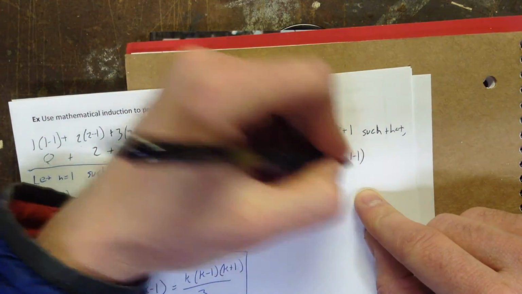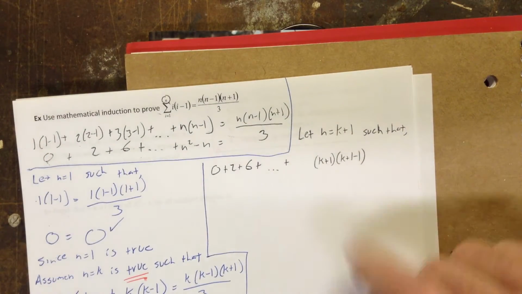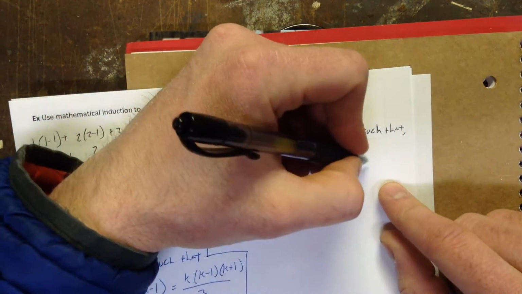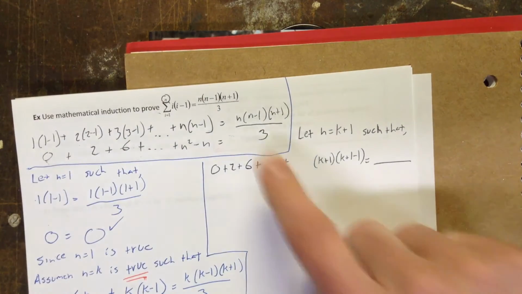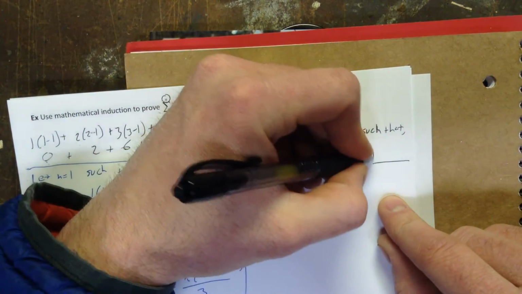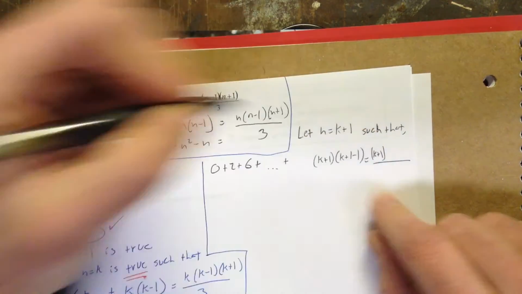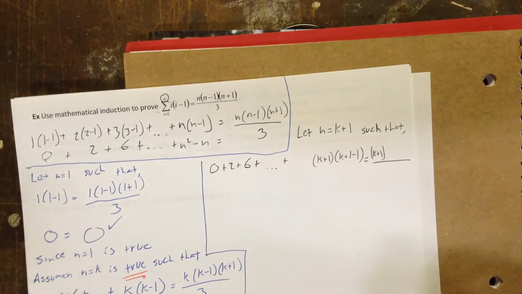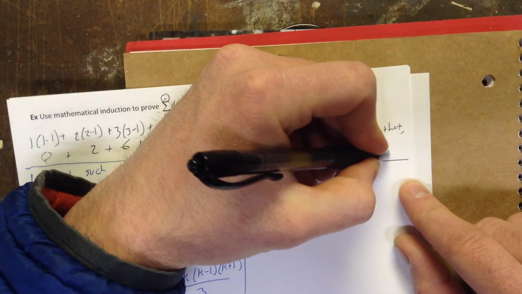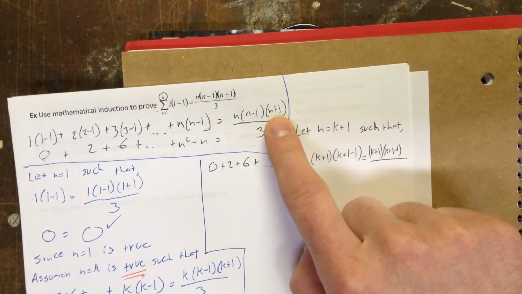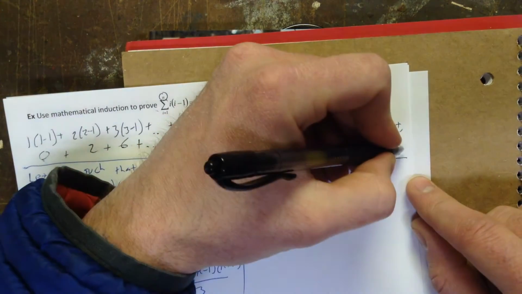That can be a little confusing. There's a lot of ones, and it's going to get worse. On the right side, it gets even worse. So on this right side, it's going to be nutty. First one is going to be k plus 1. Then you have n minus 1 is going to be k plus 1 minus 1. And then your last one is k plus 1 plus 1.